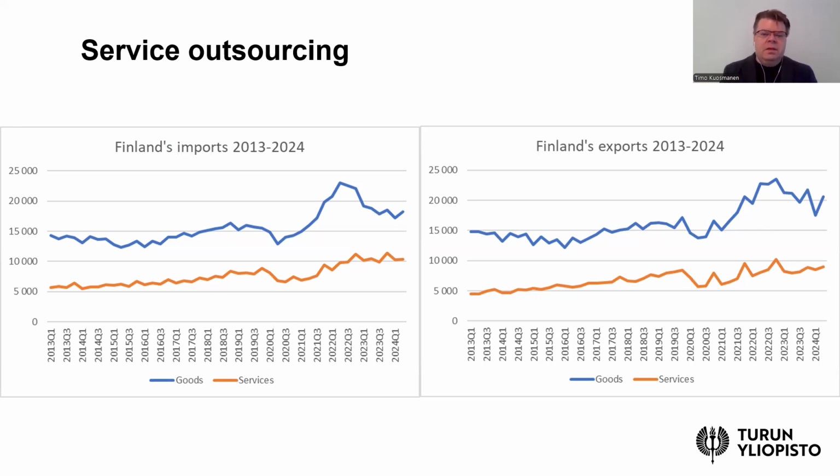And in these slides, I have broken down these imports into two parts. The blue line represents imports of goods, so physical products, and the orange line is imports of services. On the right-hand side, we have exports of services.